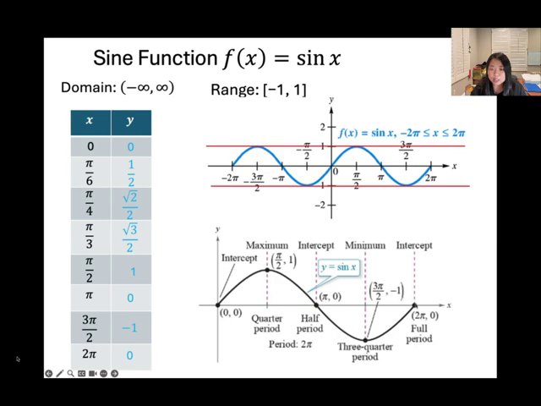When I divide it by 2, the half period is equal to pi. And when I divide it by 2 again, that's called the quarter period, which is pi over 2. And we call this point the 3/4 period, because when you multiply by 3, you have 1, 2, 3. So it's 3 pi over 2.